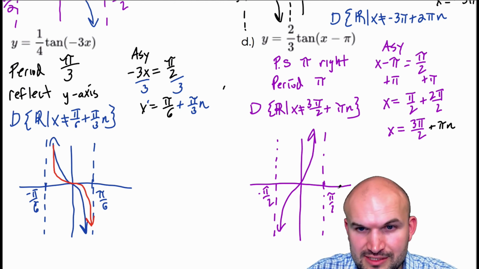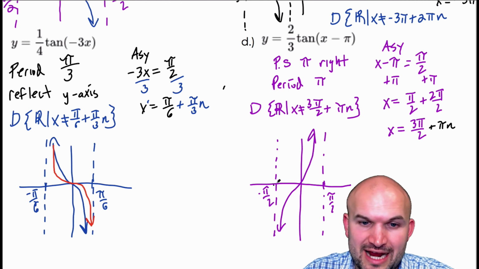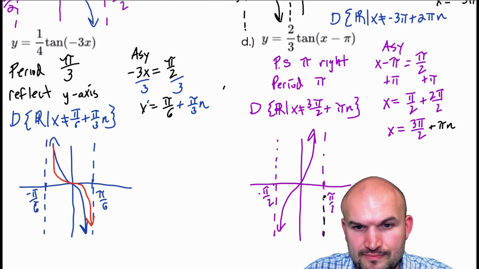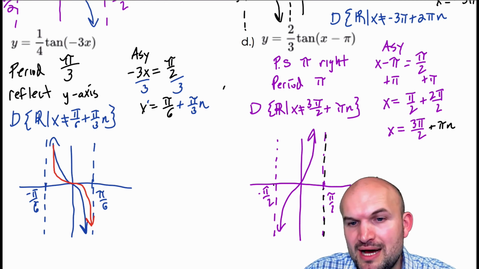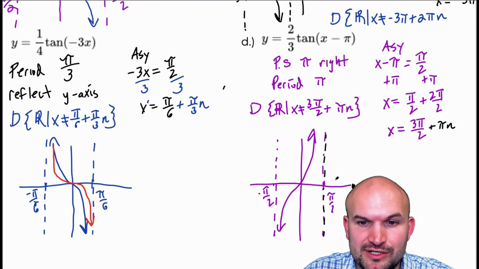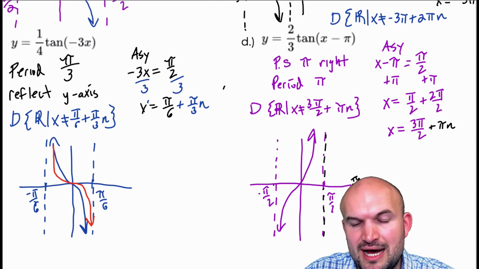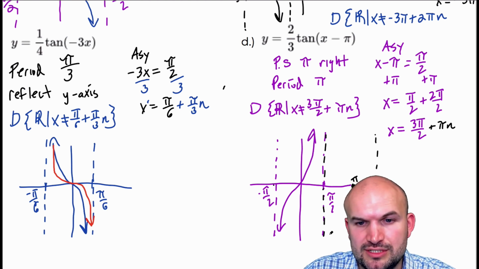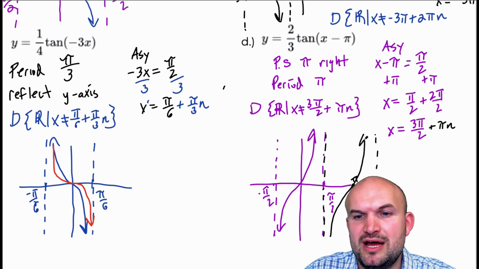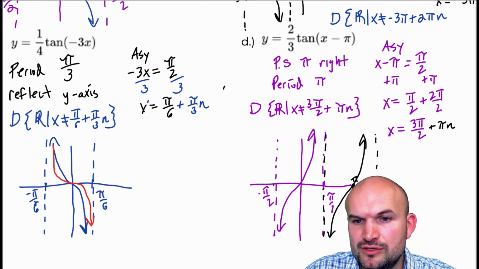If I'm moving everything pi to the right, so if I add pi to negative pi halves, I get pi halves. If I add pi to 0, my new intercept is at pi, and my new vertical asymptote is at 3 pi halves, which I already discussed. So it's the exact same graph, just shifted over pi units to the right.